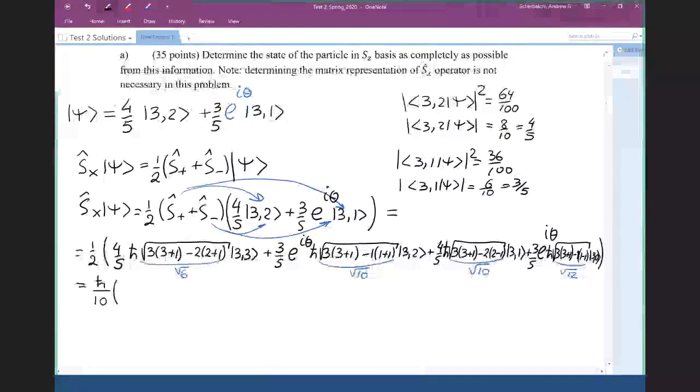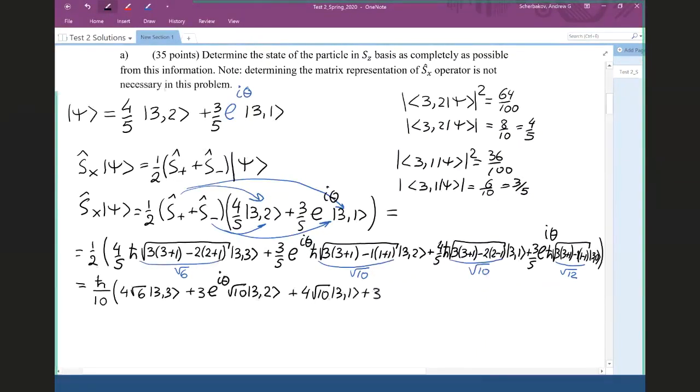And what do I have here? 4 root 6 |3,3>, plus 3 e to the I theta root 10 |3,2>, plus 4 root 10 |3,1>, plus 3 e to the I theta root 12.